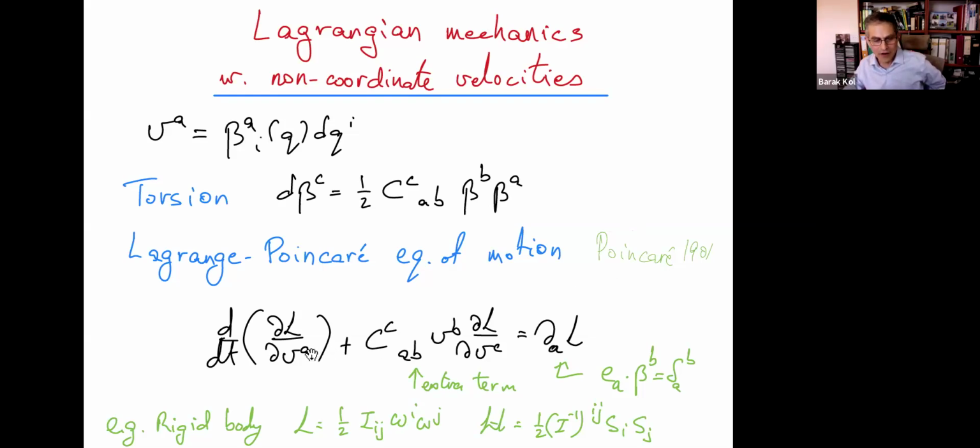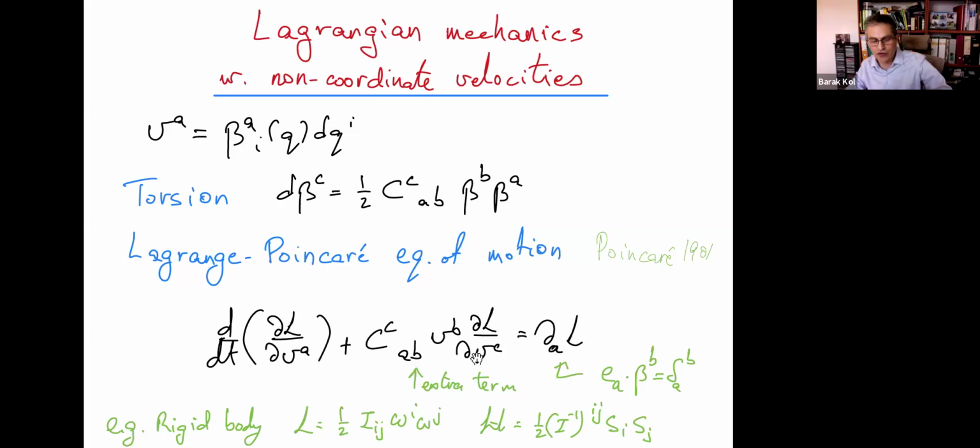And then the Euler-Lagrange equations get another term. You see here the familiar term d/dt of the conjugate momentum, ∂L/∂v instead of ∂L/∂q dot. Here is the generalized force. You take a derivative of the Lagrangian in the direction of e_a, the vector field which is conjugate to the one-form field beta.